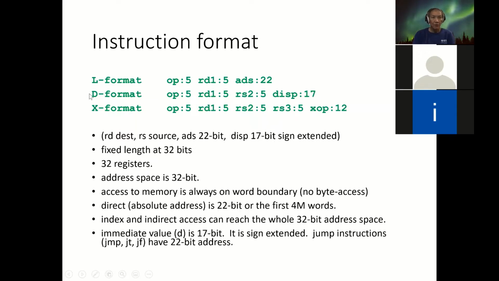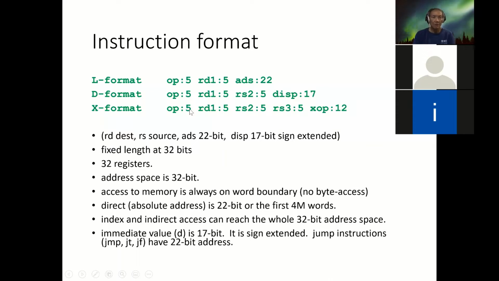Don't have to worry about the name of the format, but for all those instructions that we showed you previously, all of them have a 5-bit operation code. 5 bits means 32 different operation codes. Okay, and for the last type, of course, 32 kinds of instruction is not enough, right?